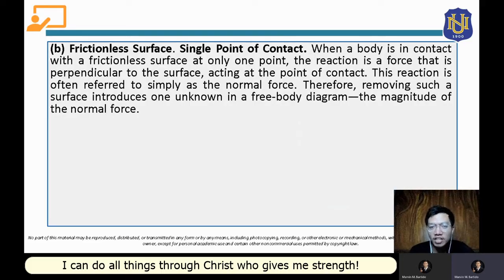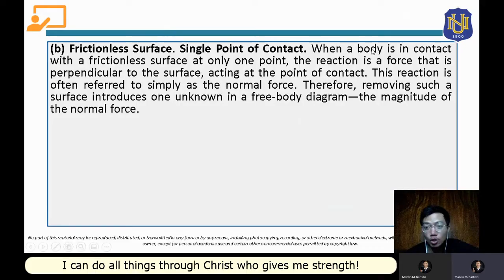Also, the body here will have a single point of contact on the surface. When a body is in contact with a frictionless surface at only one point, the reaction is a force that is perpendicular to the surface acting at the point of contact. This reaction is often referred to simply as the normal force.